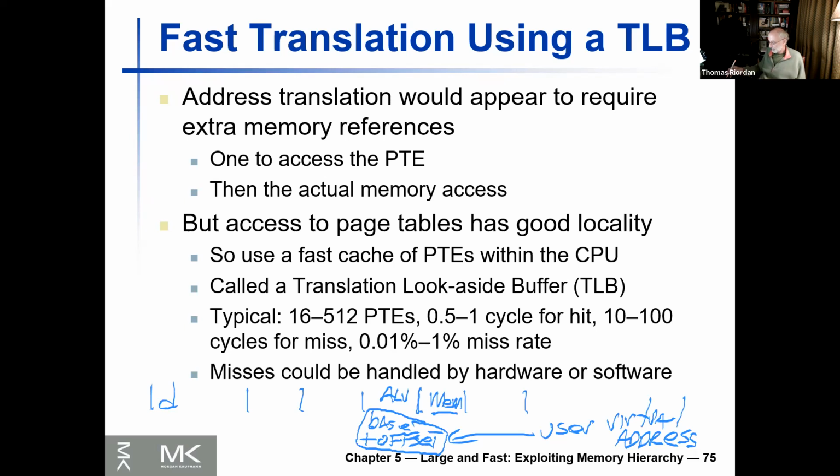And so, wow, this is a problem because we're going to have to access memory. Now, remember, our memory here is our data cache. But our data cache is just a subset of main memory.